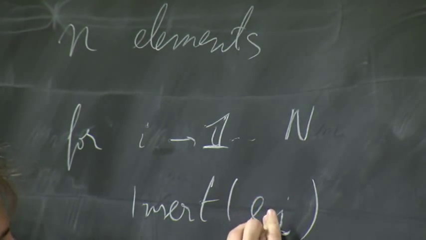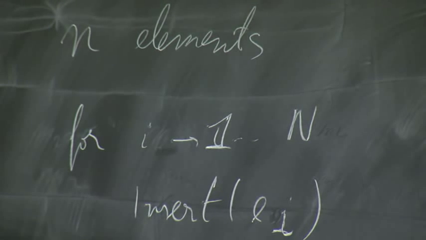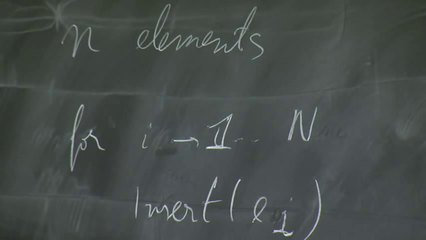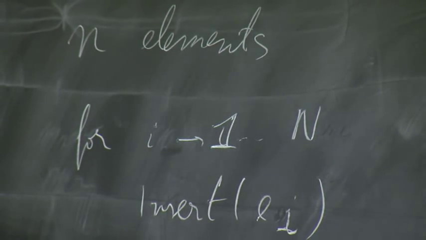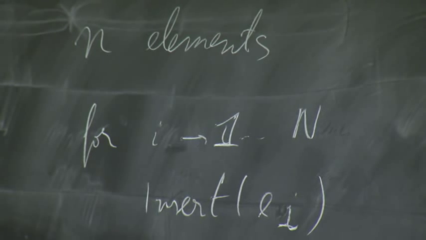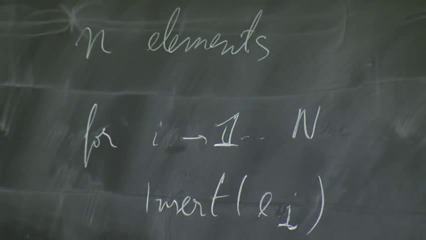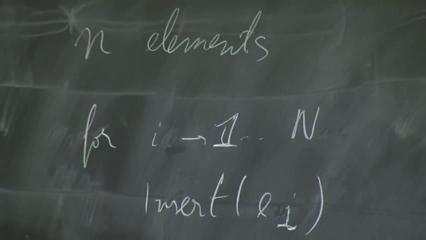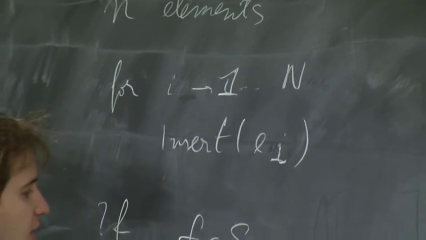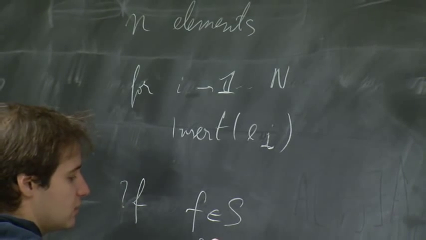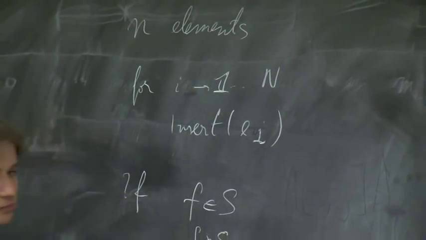So first we're going to insert all the elements into the set. And then after that, given some other number f, we want to see: is f in the set or is f not in the set?